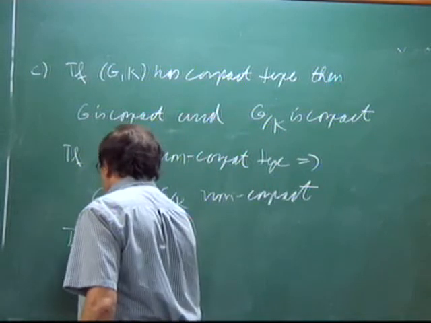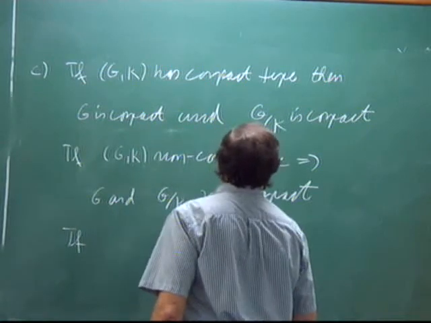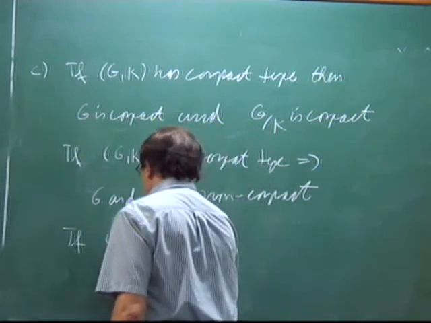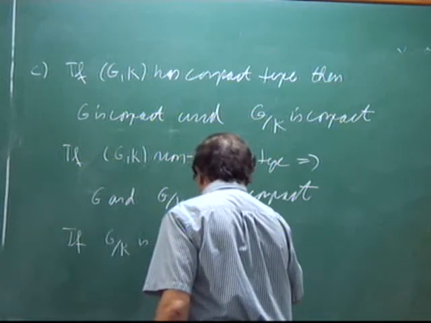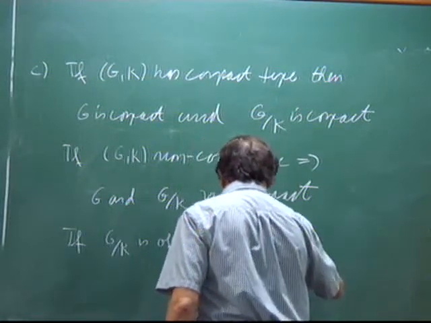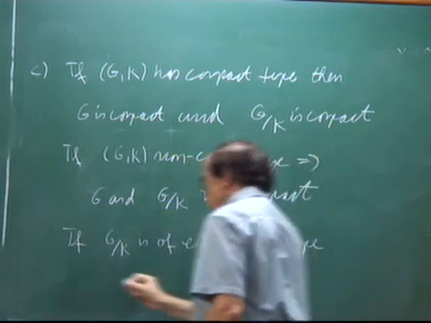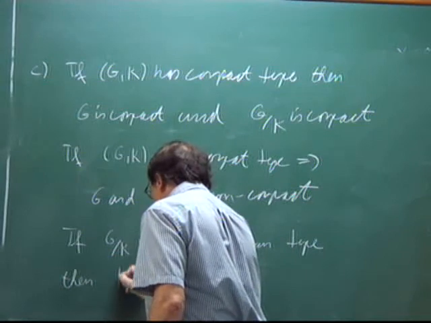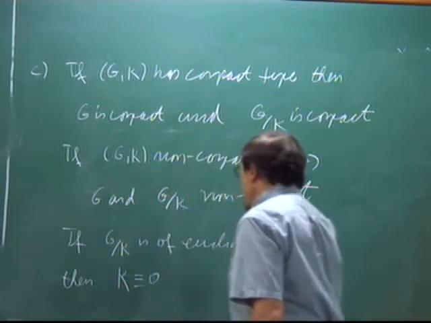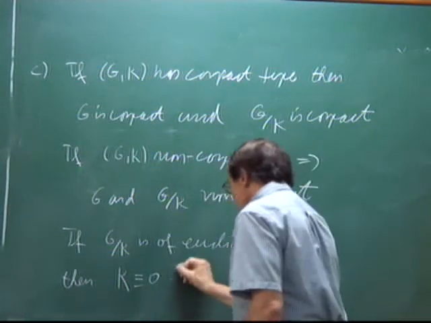And then the third one, if G mod K is of Euclidean type, then the curvature is identically 0 for the manifold, so it's flat.